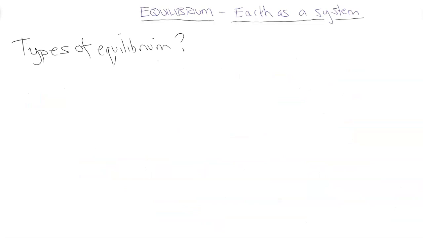So now going to the types of equilibrium. In nature, it basically started with open and closed systems.